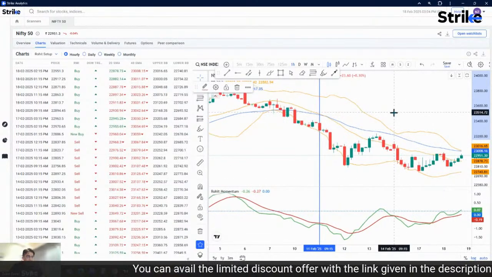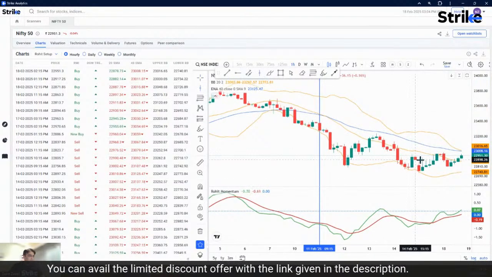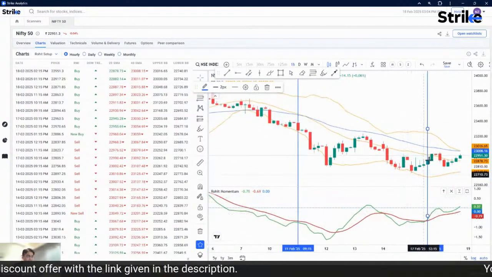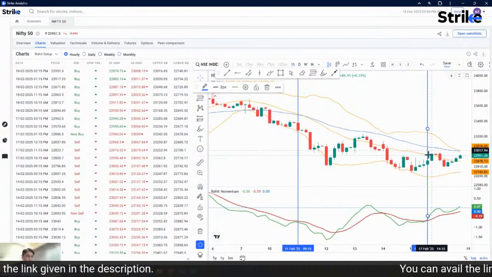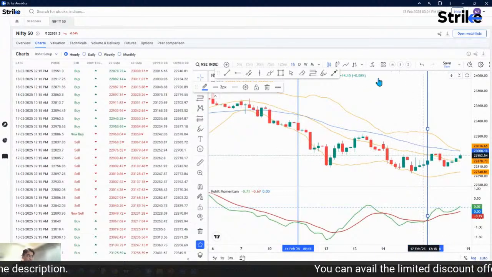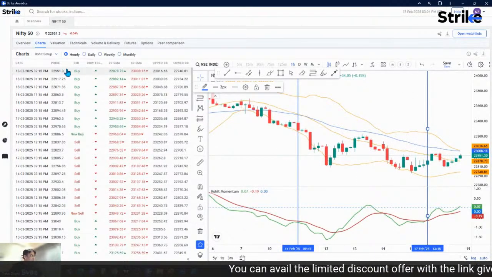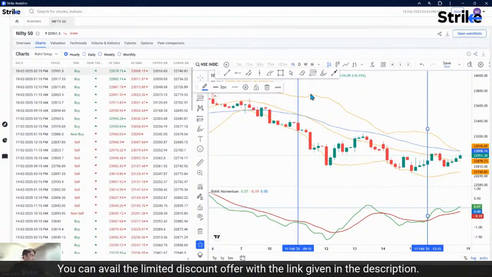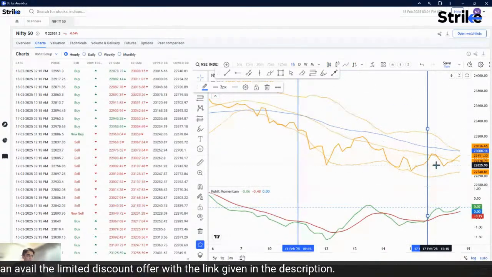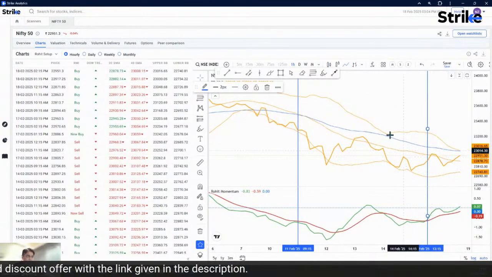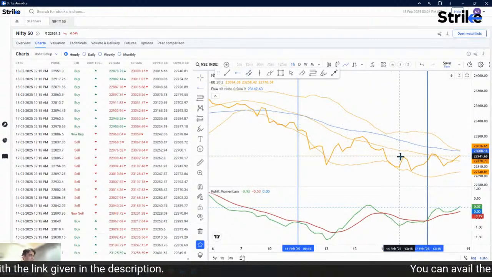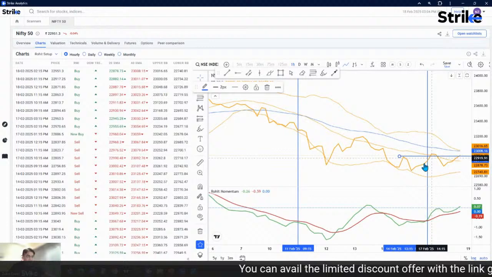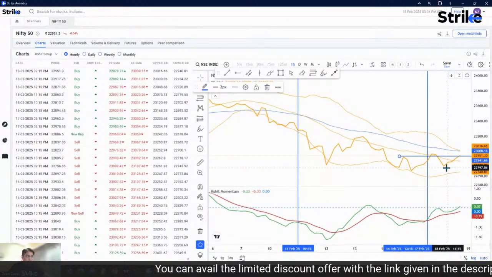This was where the RMI changed, and this minor top was breached. So overall, what is the situation on an hourly chart? The RMI is in a buy mode, and the trend is also up. Why? Because this particular top has been breached over here, and from there, this low was not broken.